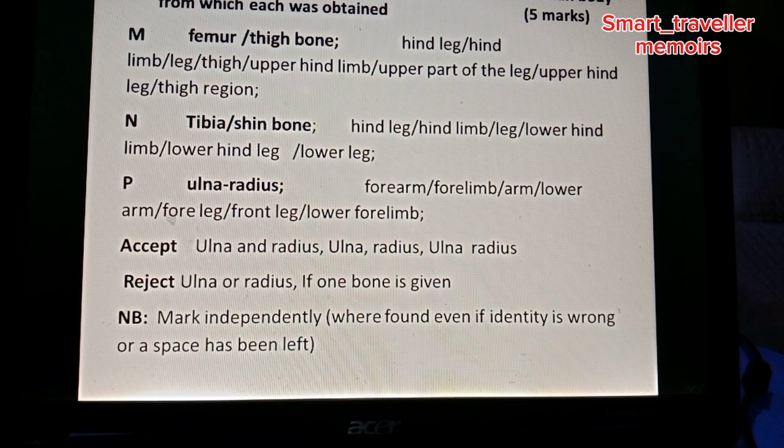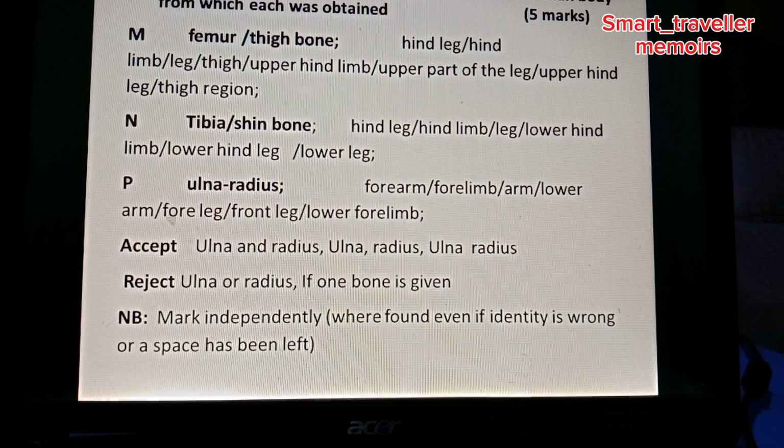Bone M is femur, or thigh bone, where found: hind leg, or hind limb, or thigh, or upper hind limb, or upper part of the leg, or upper hind leg, or thigh region. All those could fit on where it was found.